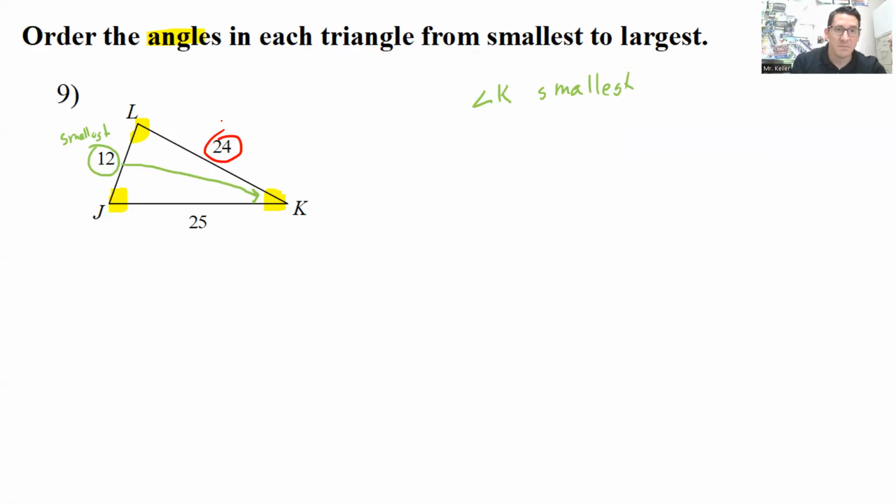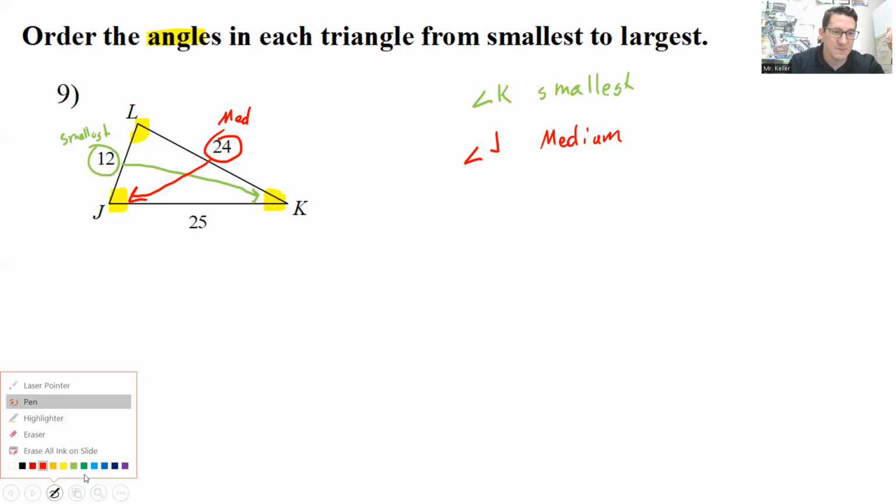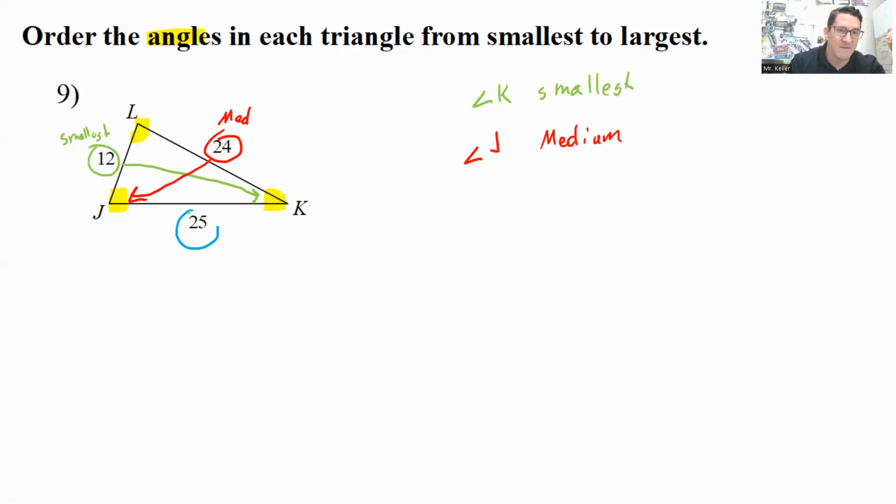There's the medium side, and the angle across from it is J. So angle J is the medium size angle. And the last one, 25, is the largest. Across from 25 is L, so angle L is the largest.